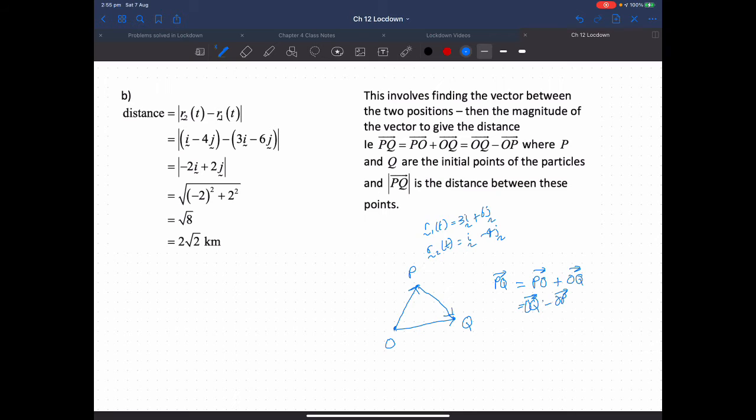So OP I have called position vector r1, and OQ the position vector r2. So what I now have there then would be r2(t) minus r1(t).